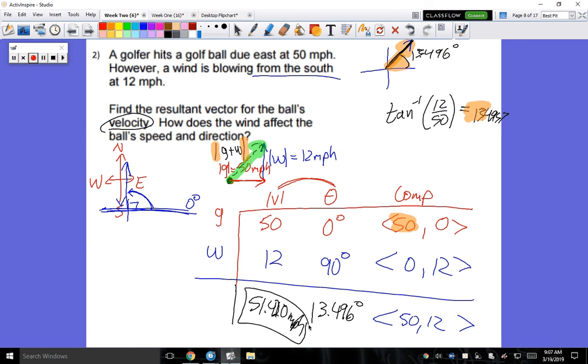So it is traveling, because those are my units, at 51.420 miles per hour in a direction of 13.496 degrees. And these are the components that you got from the resultant from adding straight down. Okay, so find the resultant vector of the ball's velocity. The resultant vector is right here.